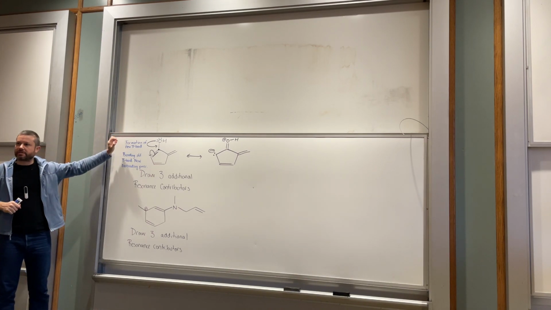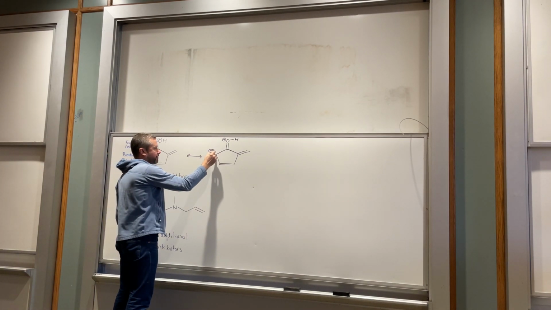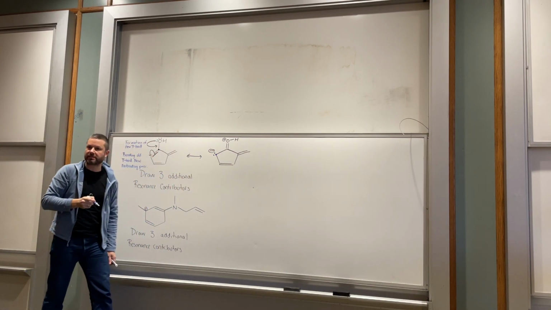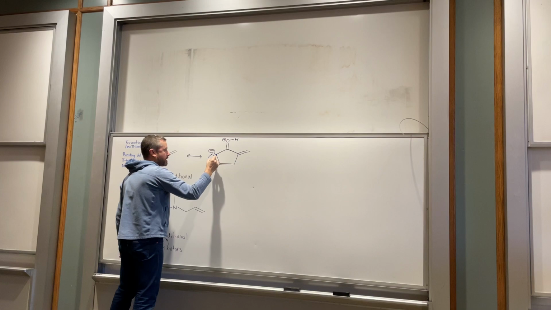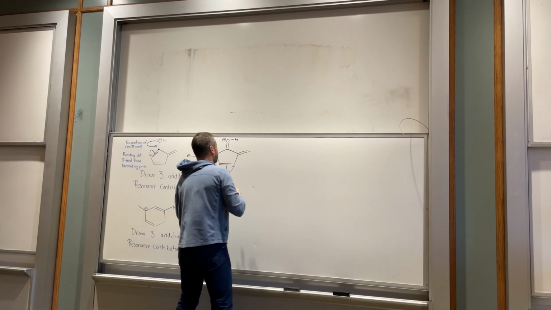Questions about this? No? Okay, so if we just continue this, you can see we have an atom with a lone pair, a single bond, and then that single bond is attached to a pi bond. So we're just going to go around and store those electrons on another carbon.